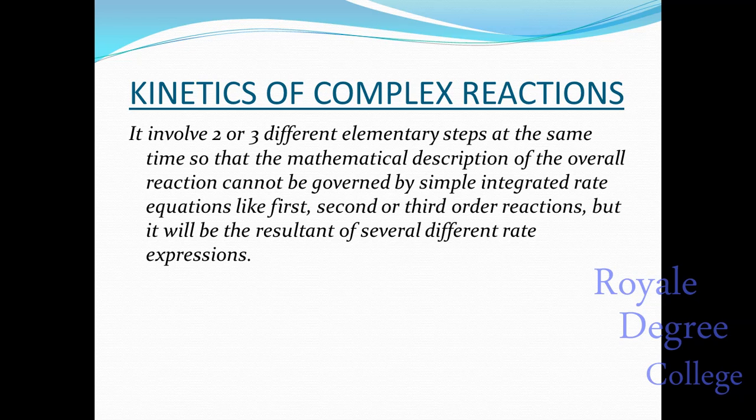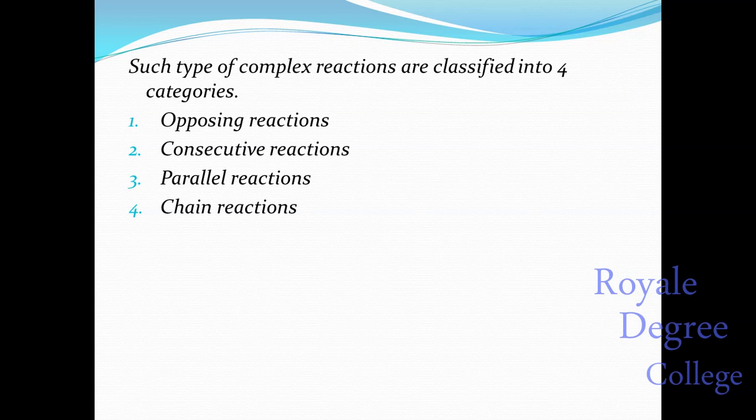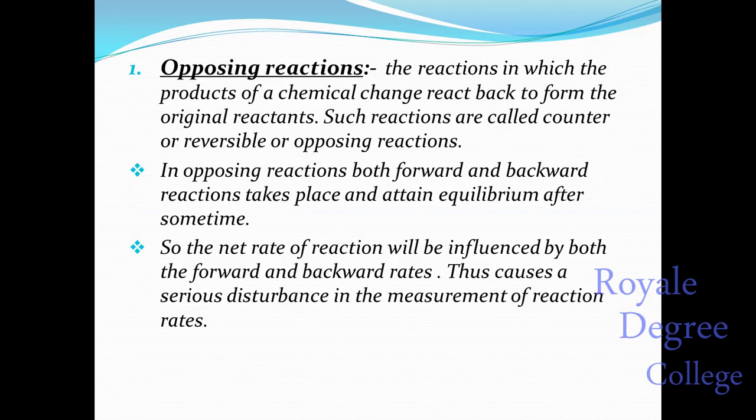But it will be the resultant of several different rate expressions. Such complex reactions are classified into four categories: first is opposing reactions, second is consecutive reactions, third is parallel reactions, and the fourth is chain reactions. All these are the four types of complex reactions.